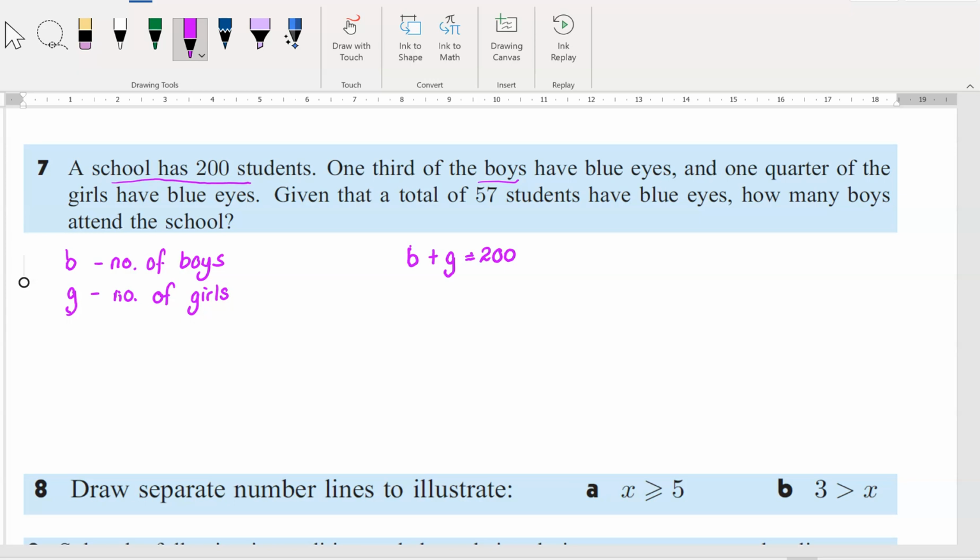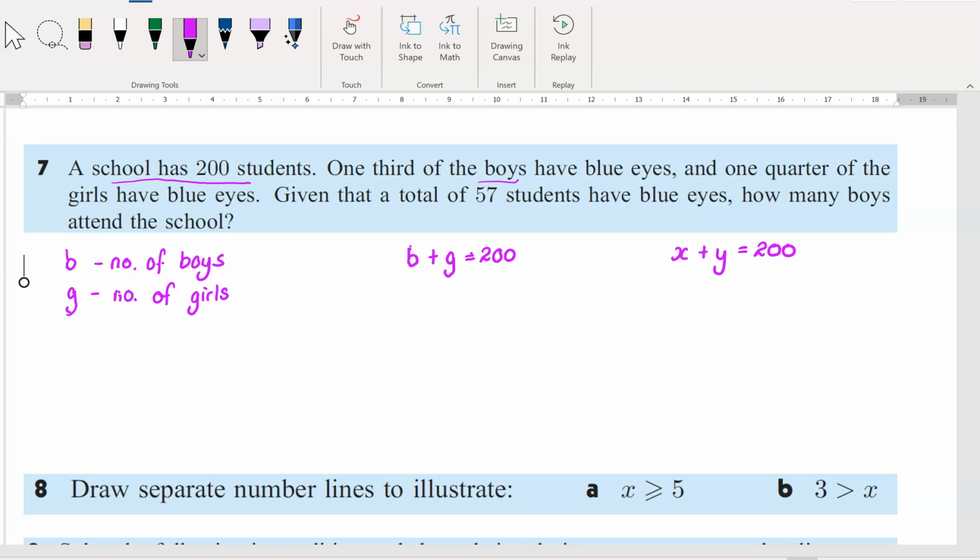Now, because we've got the two unknowns, it's like your x and y. If you preferred, you could have called that x plus y equals 200. I'm just using B and G. Some of us get used to the whole x and y.